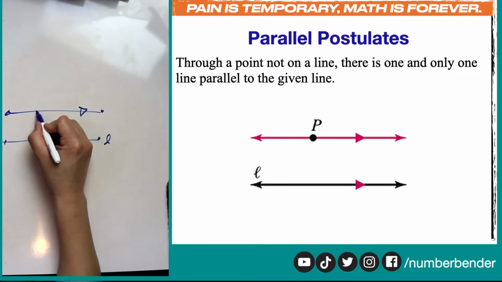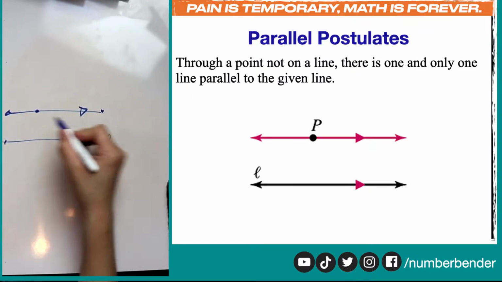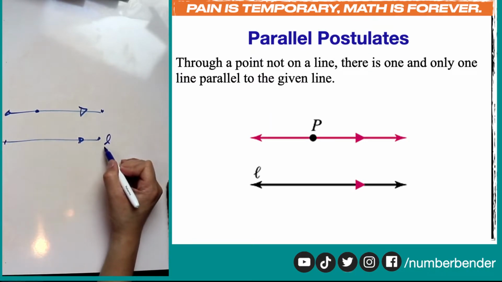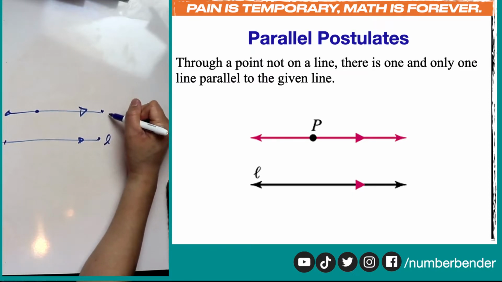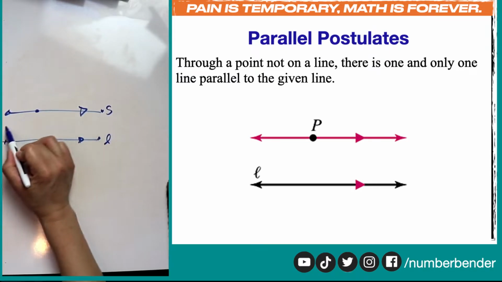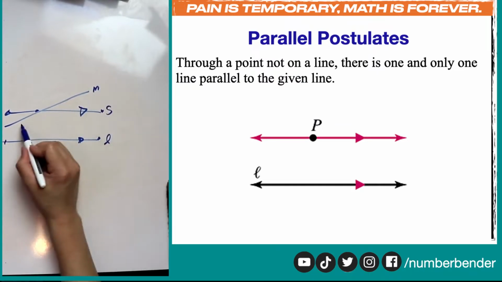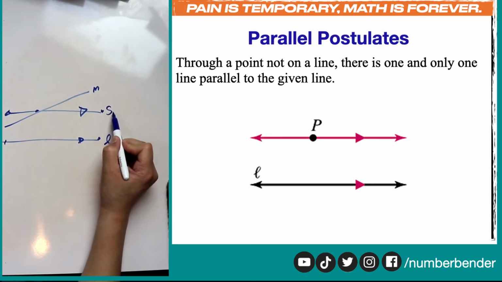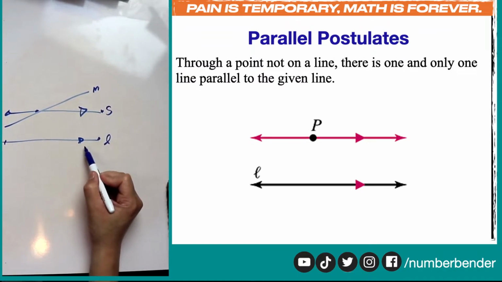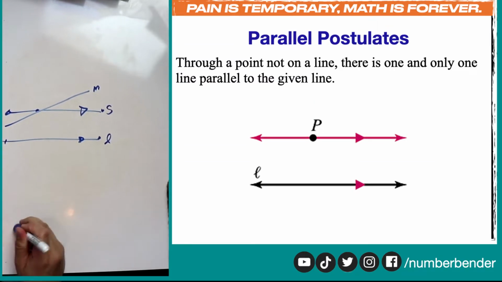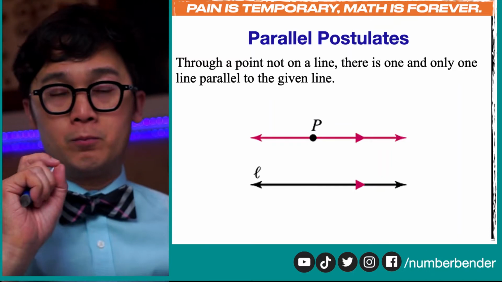We know that there's only one line through this point that would be parallel to L, because if there is another line, let's say this is line S, and if there is another line that is intersecting P, let's say line M, this line M is no longer parallel to L because there's only one line, which is line S, that will be parallel to this line L right here. And this is the parallel postulate that we're going to be using in our problems later on.